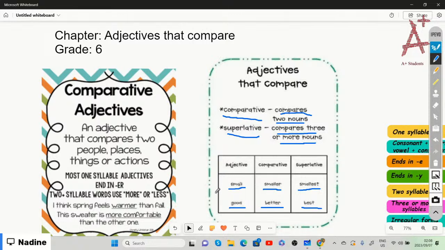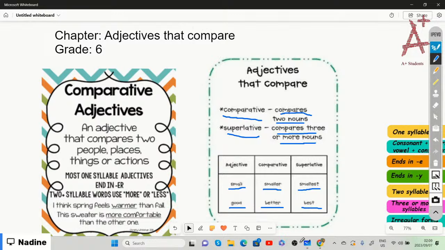We don't say good, gooder, goodest. No, we do not say good, gooder, goodest. We say good, better, and best, right? Once again, we do not say good, then comparative gooder, and then superlative goodest.